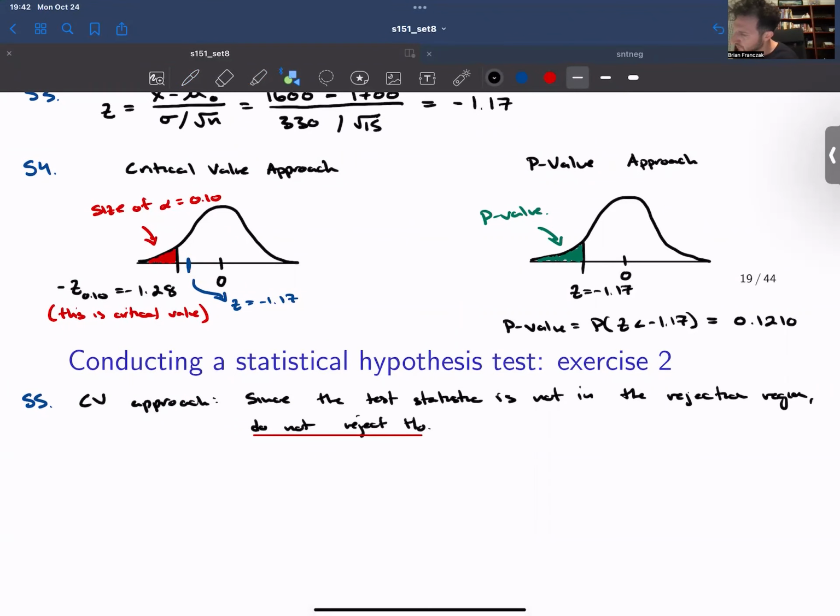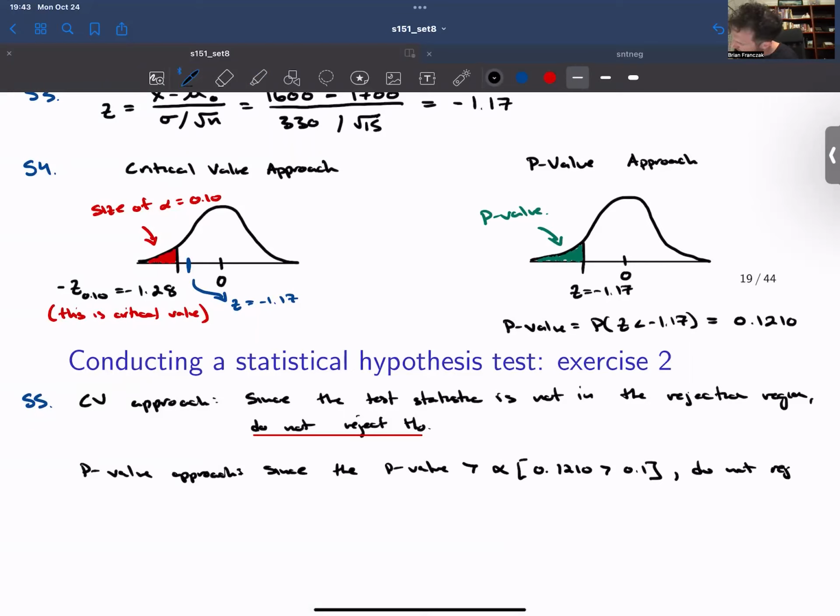With the p-value approach, I would say, since the p-value is greater than alpha, so in this case 0.1210 is bigger than 0.1, do not reject H0.